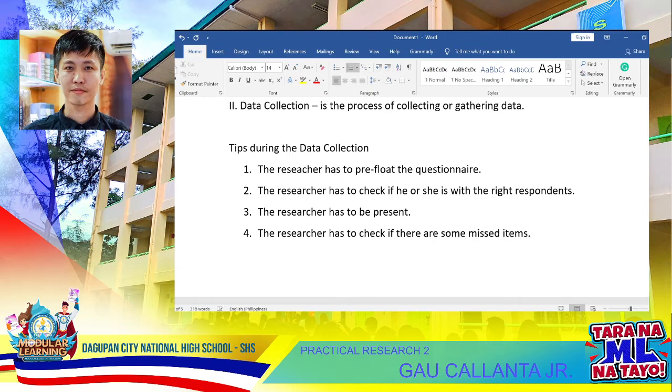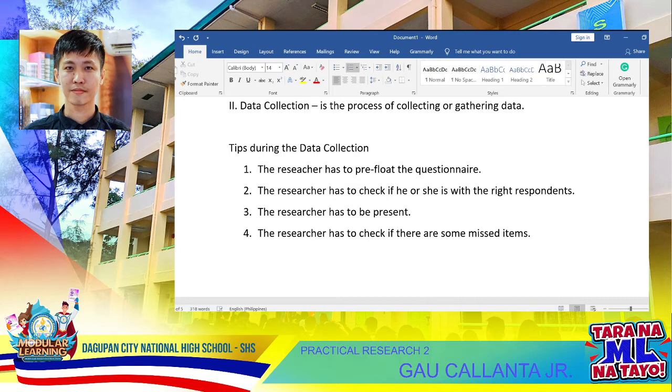When an item is missed in the questionnaire, that questionnaire becomes invalid. So to avoid having a lot of invalid questionnaires, you as a researcher have to check if all questions were answered by the respondents.